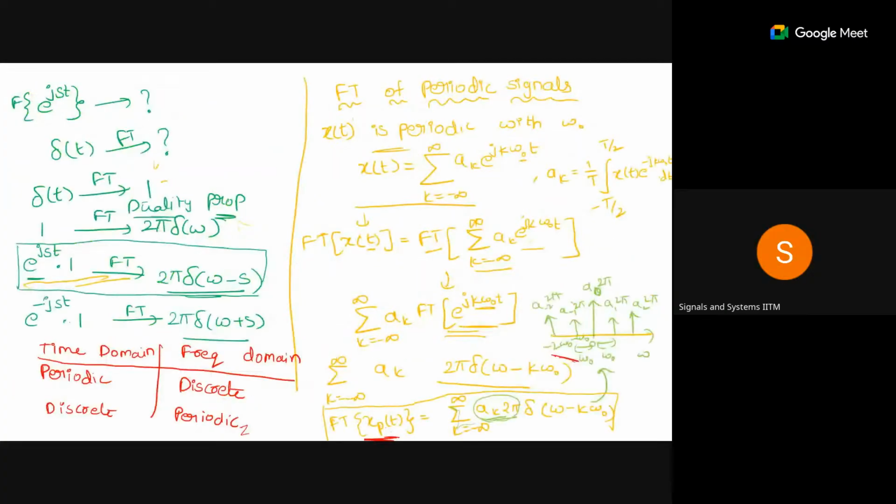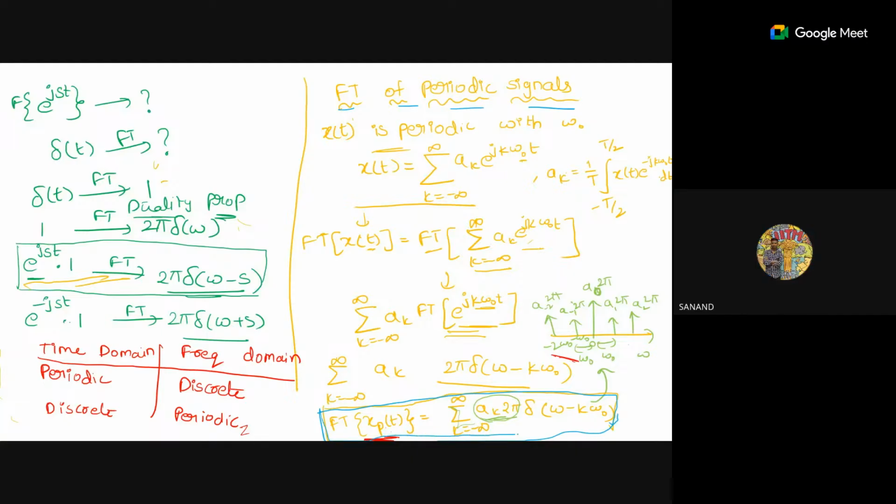In the previous slide, I discussed this. I will write and mark it in a different color. So here, I derived the Fourier transform of a periodic signal: the summation of k equal to minus infinity to infinity of ak 2 pi delta of omega minus k omega naught. This formula only I have used.